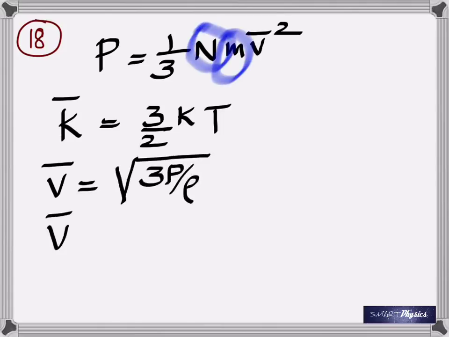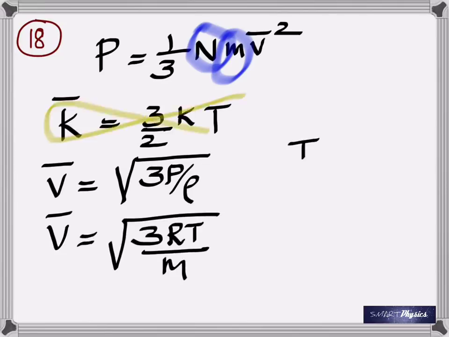All right, this is root mean square velocity. I'm going to give you two formulas. It's on your formula sheet: square root of 3P by rho, pressure and density. The other one is square root of 3RT by the molecular mass.